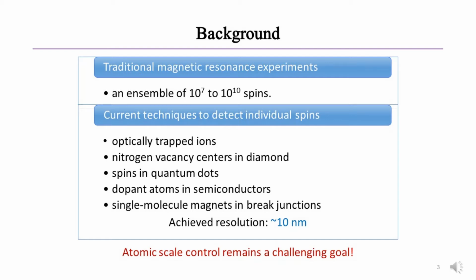So far, the achieved resolution of the controlled positioning of the spin center is about 10 nanometers. So atomic scale control, which is less than 1 nanometer, still remains a highly challenging goal.